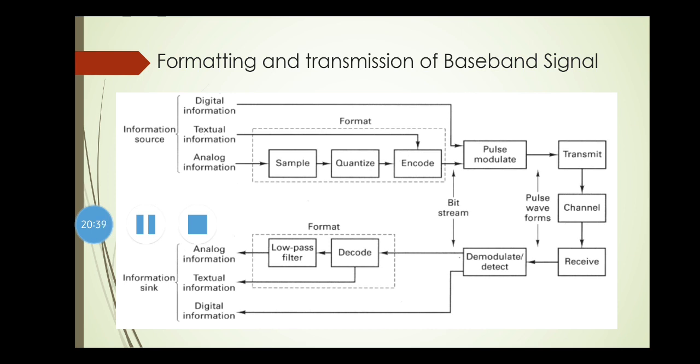This section at the receiver, we call the information sink. So we saw how the data can be formatted to match the transmission of the baseband signal at the information source, and how it is reconstructed back at the information sink.